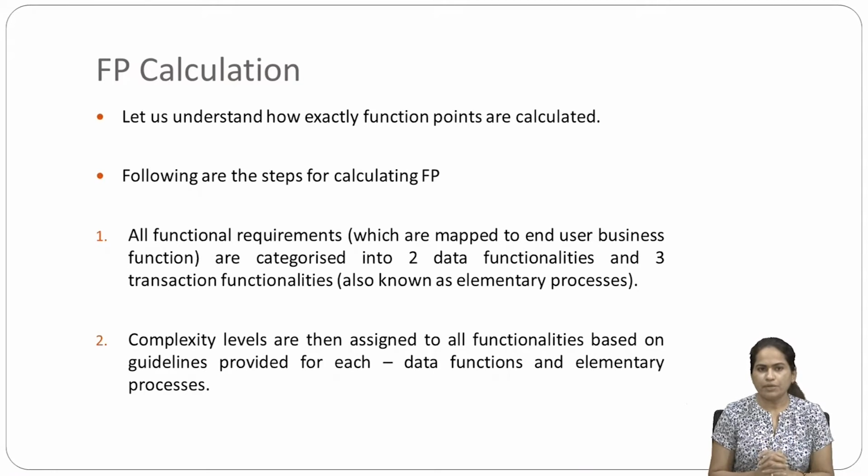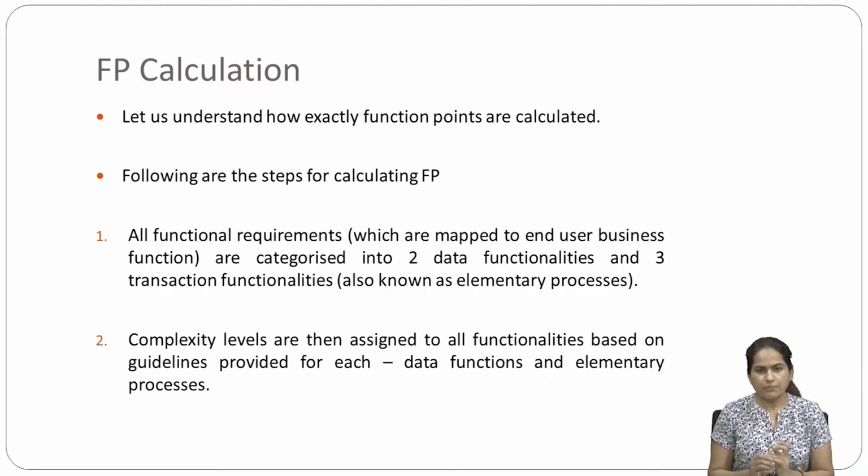When we are talking about function points, first we need to understand what a function point is, which we have already discussed, and now we will understand how exactly function points are calculated. Some steps are given for calculating FP.